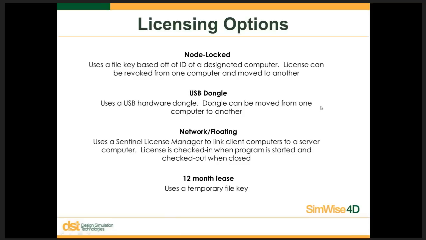We've got the node locked, which is tied to a specific computer, but the license can be revoked and moved to another one, so it's not just tied to that specific computer. We've got the USB dongle that also can be moved around, and then we've got the traditional network and floating client arrangement where the license is checked in and checked out as the program is started. We also have a 12-month lease option as well.